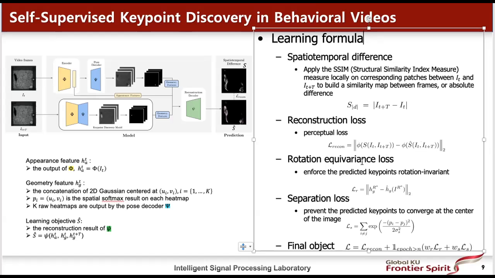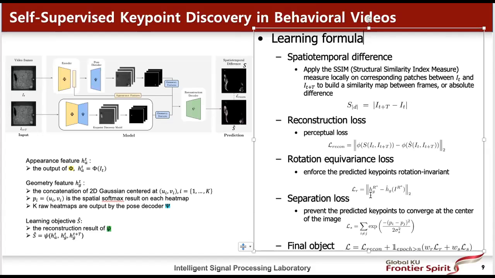About the rotation loss: this loss is proposed to enforce that predicted key points have rotation invariant features. We calculate it by the L2 distance between geometry features. Before we calculate the geometry features, we first rotate the input image and get the geometry features.